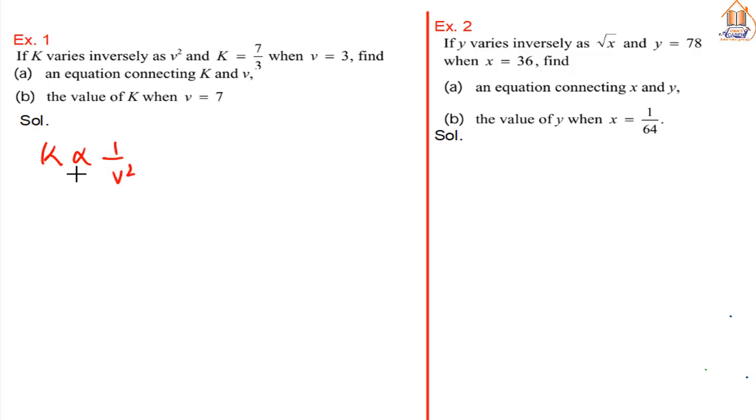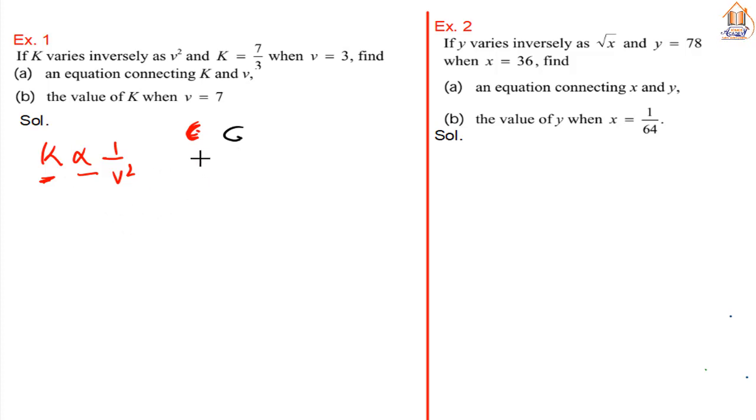Now let's eliminate the variation sign and replace it with an equality sign. By doing that, we're going to introduce a constant. In our previous tutorial we made use of k, but in this question it's another letter. For the purpose of this tutorial, I'm going to be using c as my constant.